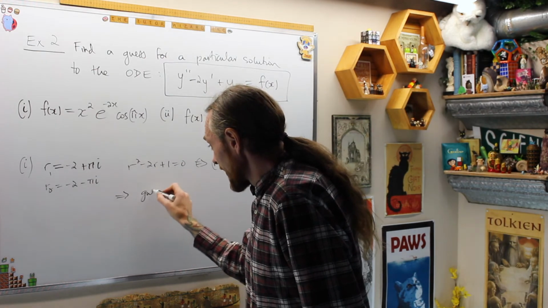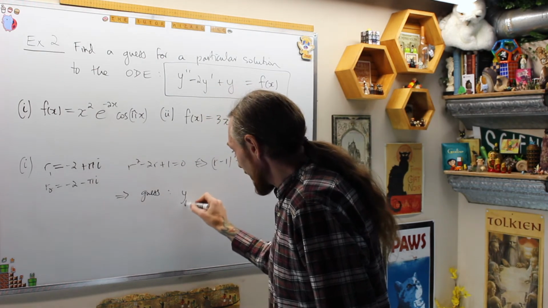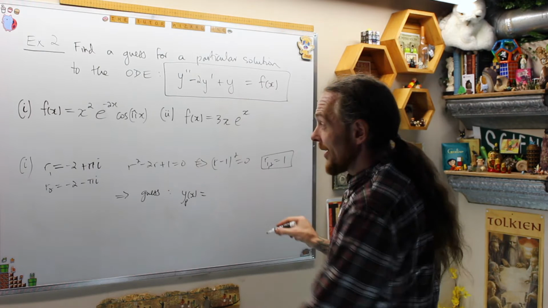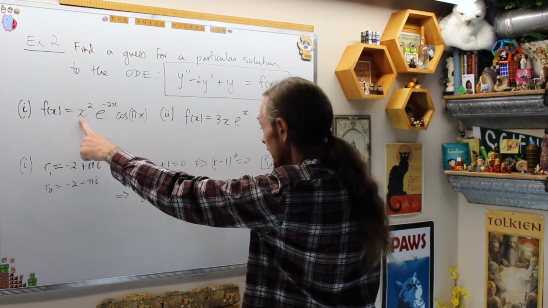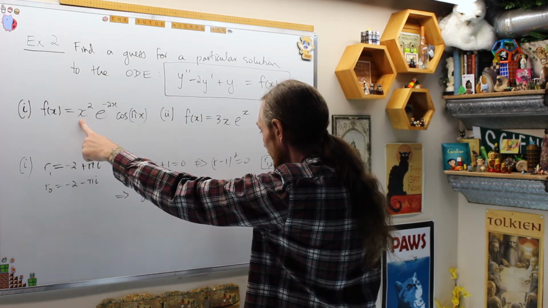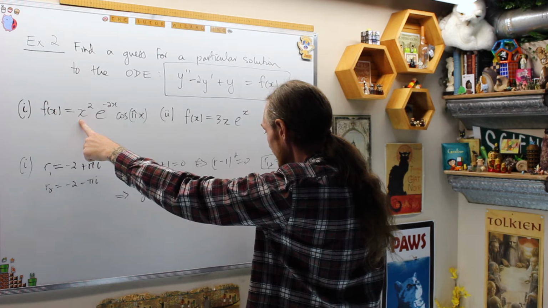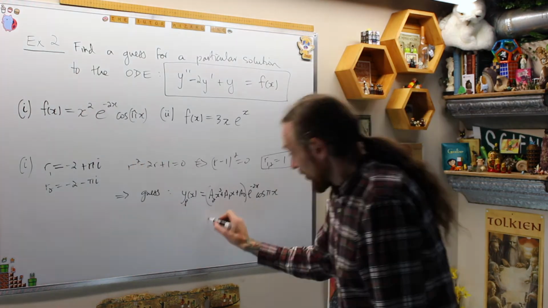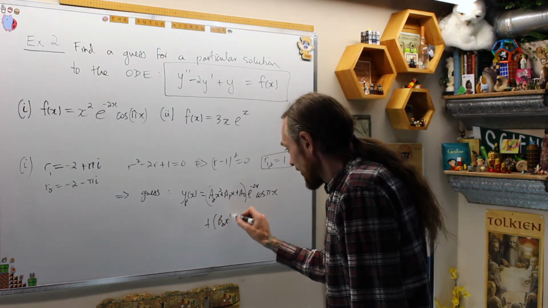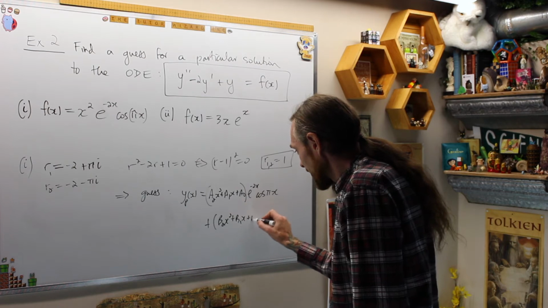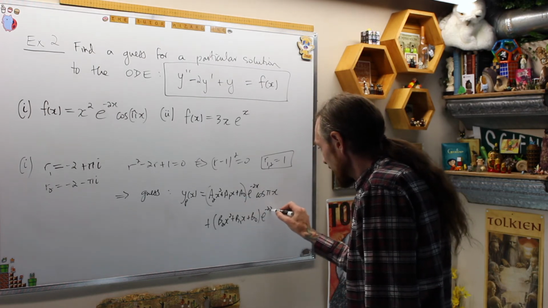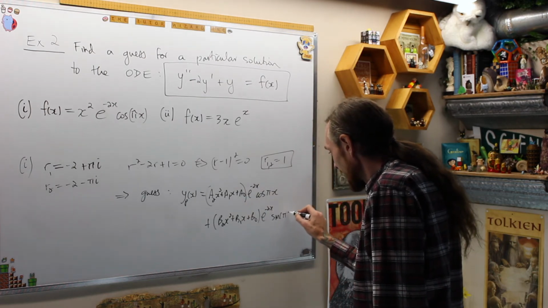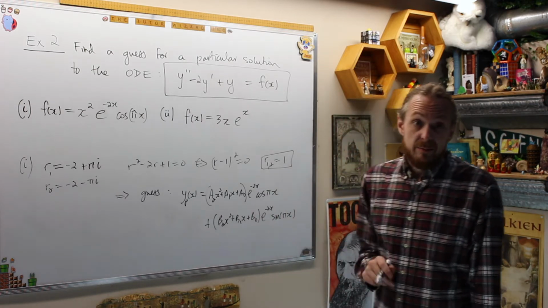Therefore, my guess is going to be y particular of x equals, I have a degree 2 polynomial, so a2x squared plus a1x plus a0 times e to the negative 2x cos pi x plus b2x squared plus b1x plus b0 times e to the negative 2x times sine pi x. That is the guess that you make for the original one.